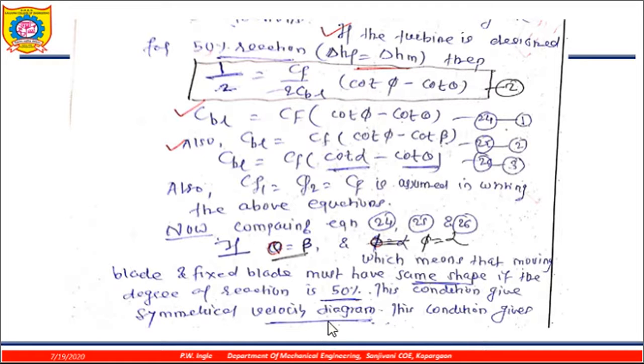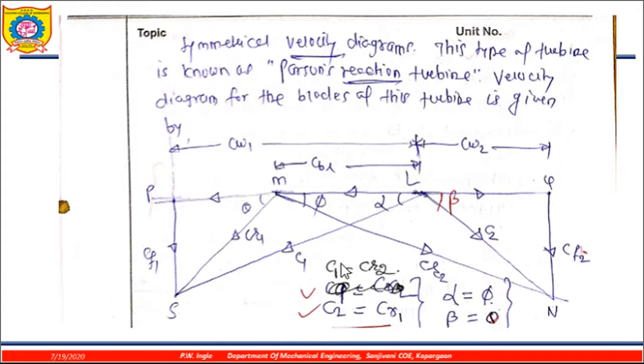Therefore this condition gives a symmetrical velocity diagram. Alpha equals phi, so C1 equals Cr2, and C2 equals Cr1. This is known as the Parsons reaction turbine.